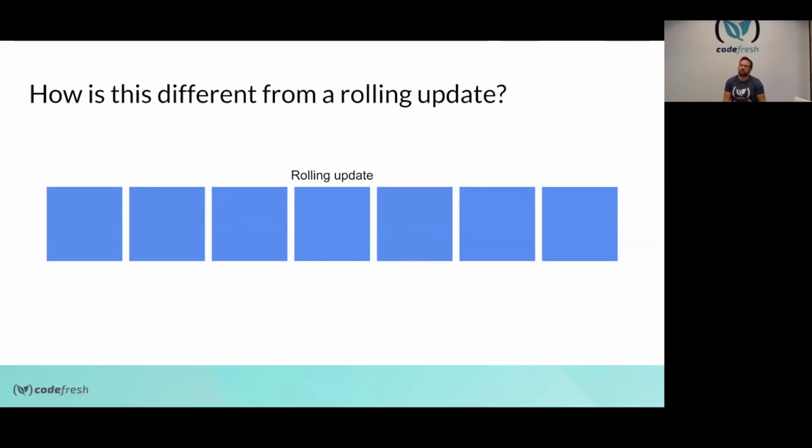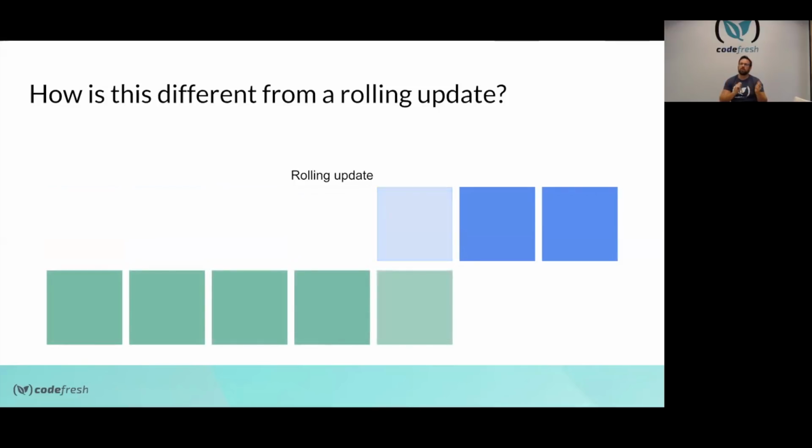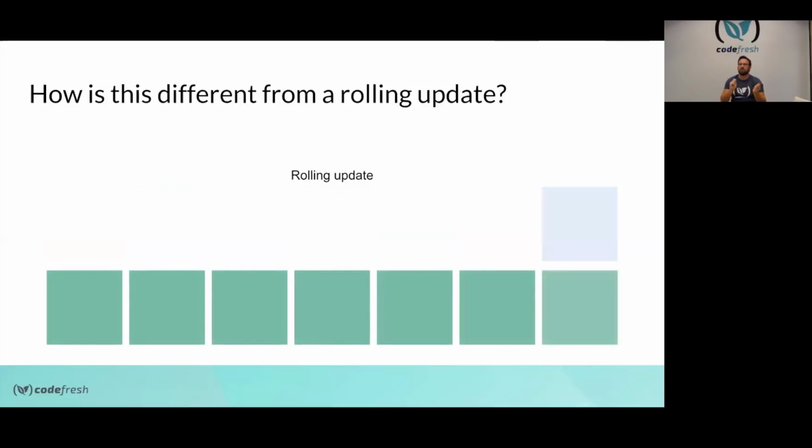We issue a rolling update, and what's going to happen is as the new pods come online, it will remove the old one that it's replacing, and your end user could be getting the blue version or the green version. We don't know, right? They're just going to get one randomly assigned by the load balancer until the rolling update is complete.